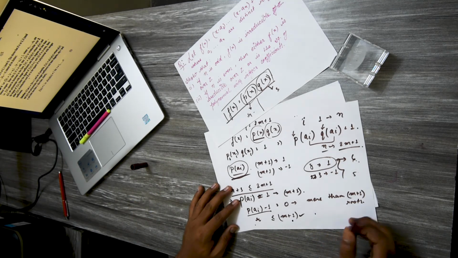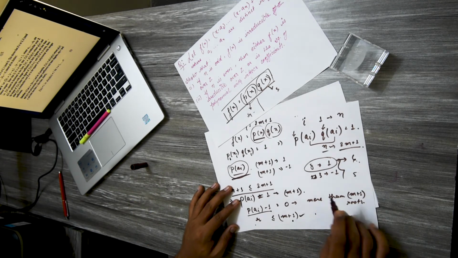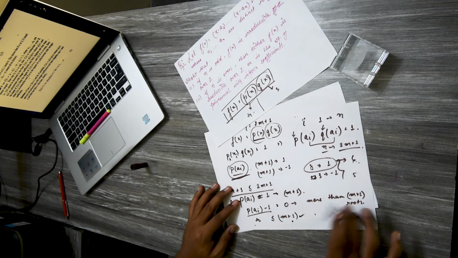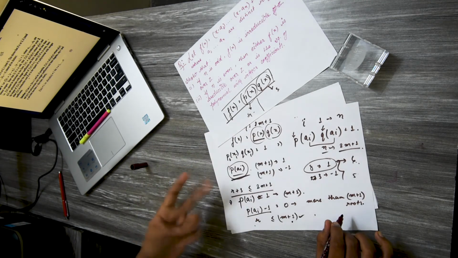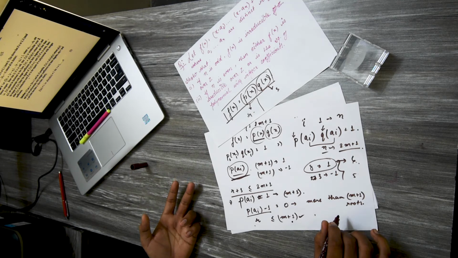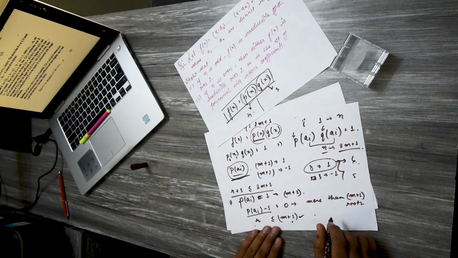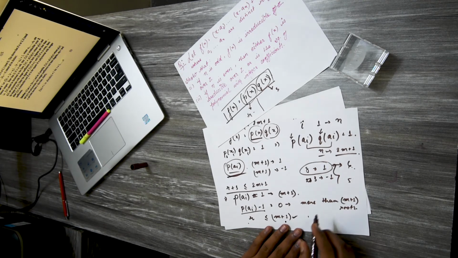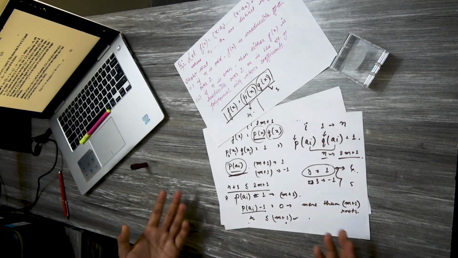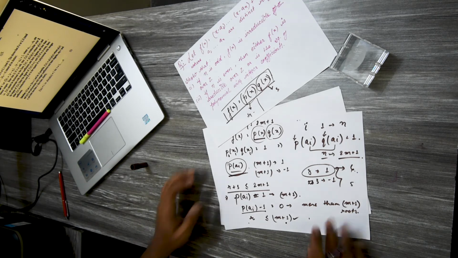This is contradictory because p(x) and q(x) are interchangeable, and both of them cannot be constant because f(x) has a degree of n. So this is contradictory, and hence f(x) is irreducible.